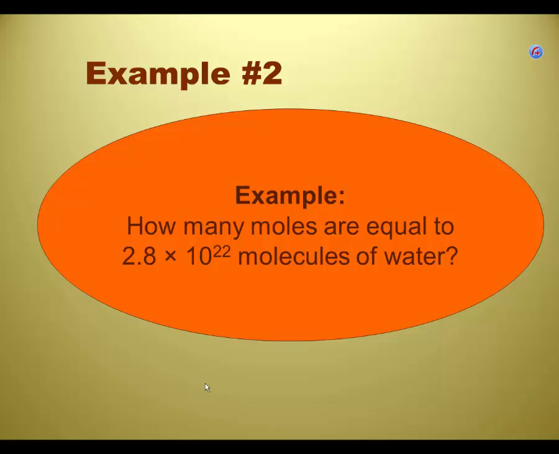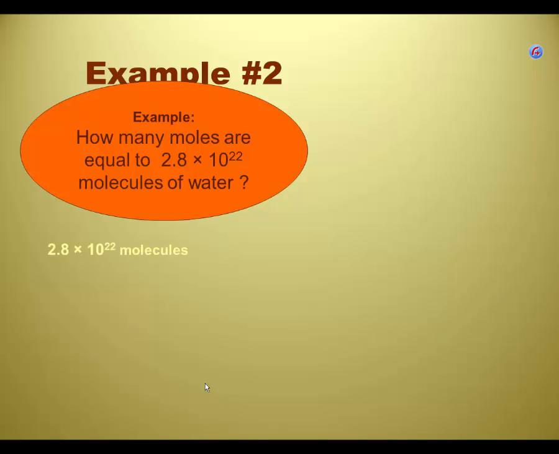Opposite direction. How many moles are equal to 2.8 times 10 to the 22nd molecules of water? Let's do that. We have molecules. Those are our first units. We're going to move to different units. So let's do unit conversion. Our conversion factor is 1 mole is 6.02 times 10 to the 23rd molecules.